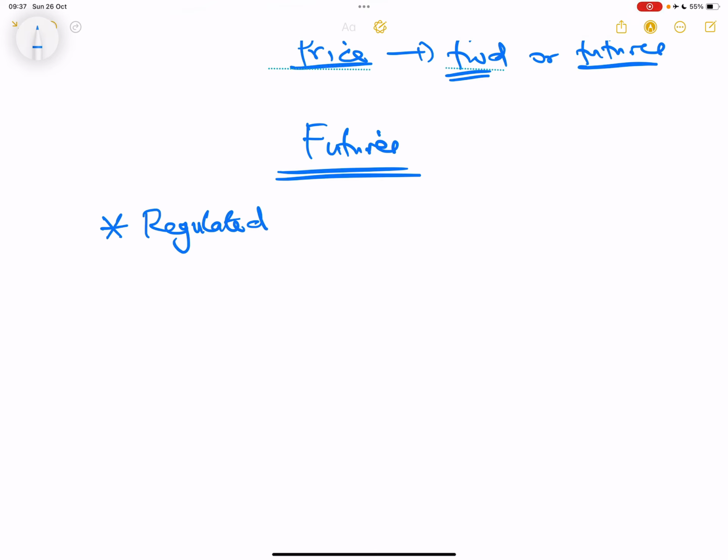The process is also slightly different because it's regulated, right? But the regulation is what makes it so different, which means that you cannot dictate to the market the sizes. Market will fix the price.